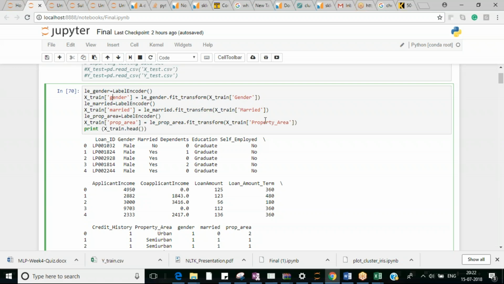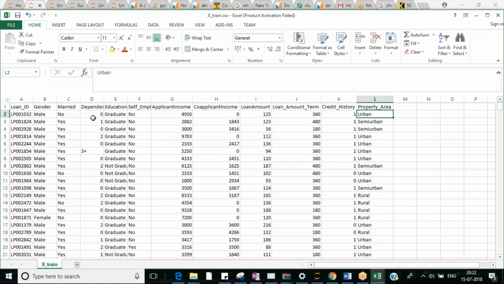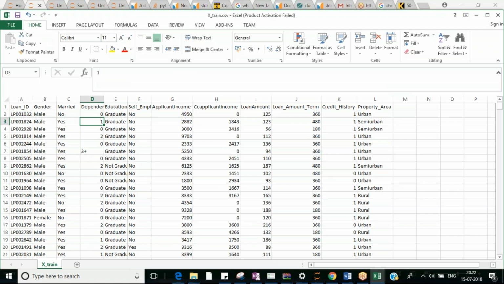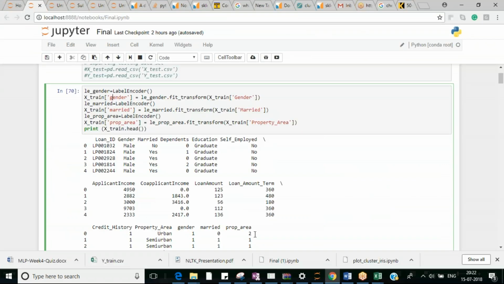Label encode means you convert that into numeric. For example, you can see prop area is 2, 1; it was earlier urban, semi-urban. So semi-urban has been marked as 1 and urban has been marked as 2. You just encode it in different numerics.